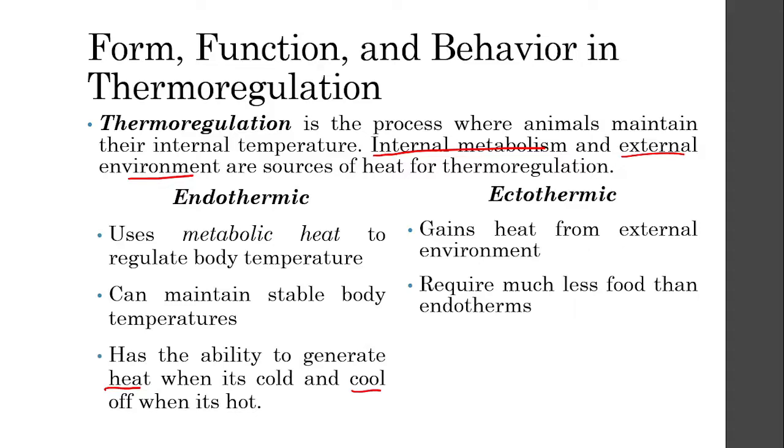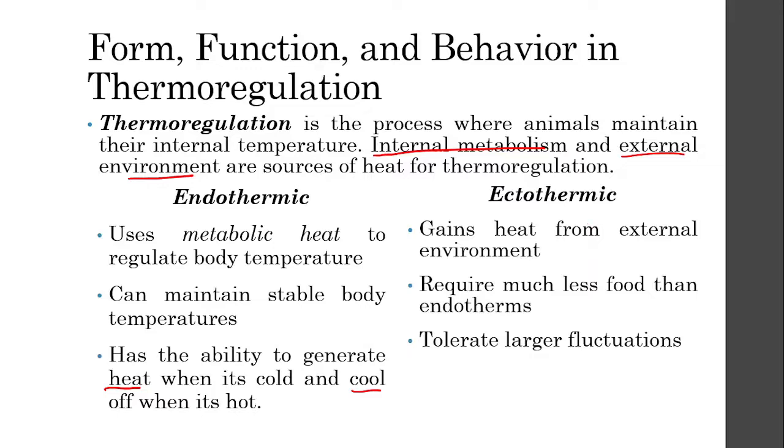The cellular respiration that is happening in our mitochondria is actually generating heat that helps us regulate our body temperature. So animals that are ectothermic require less food because they do not have to make their own heat in the body. They can actually just get the heat that they need from the environment.